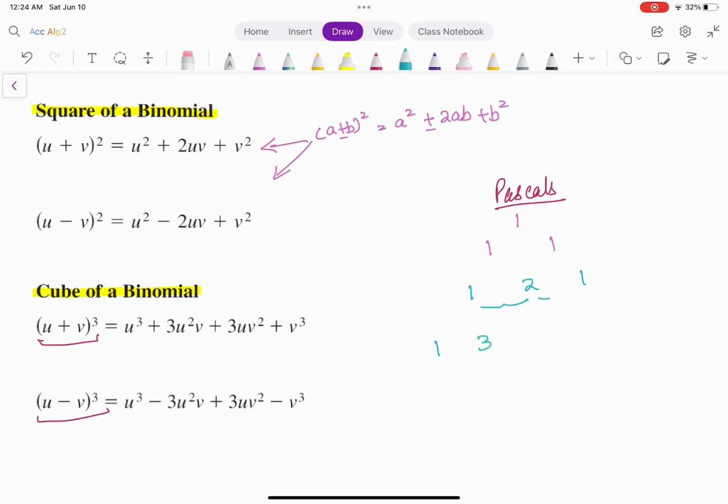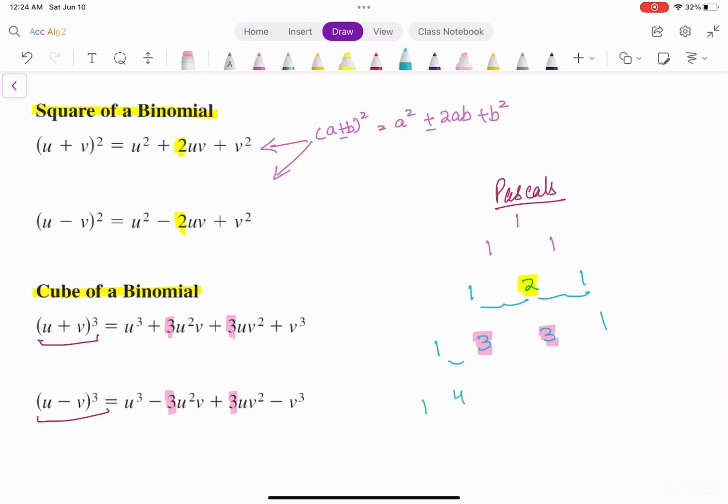The walls are made by ones only. So the next row will be 1 plus 2 is 3, 2 plus 1 is 3, and then another wall. Now if you look at this, the second row, 1, 2 and 1, is nothing but the square of a binomial. So the first term is u squared, and the second coefficient is 2.